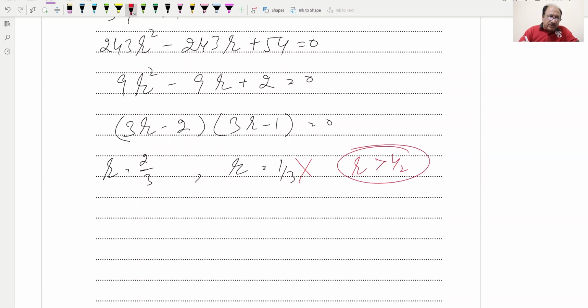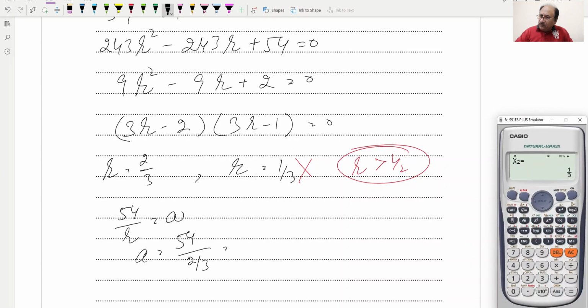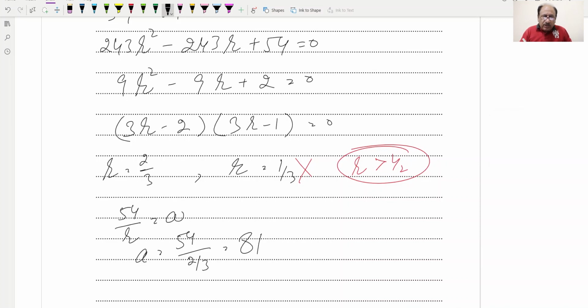So we are rejecting this value, so we will be using 2 by 3, and we have this equation 54 over R is equal to A, so A is equal to 54 over 2 over 3, which will be equal to 81. So our A value is 81.